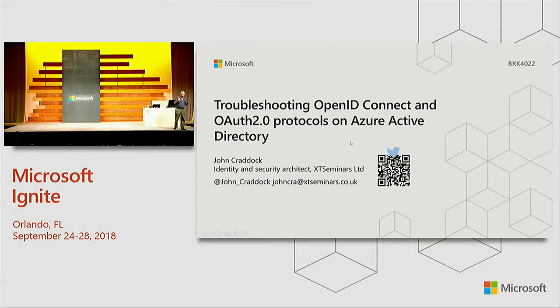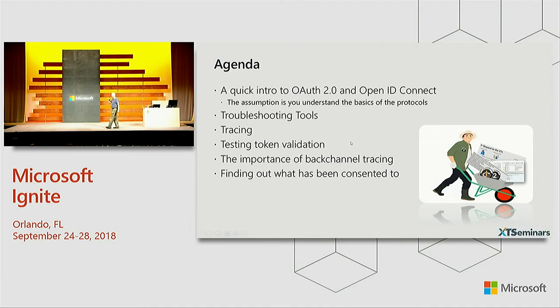So what I'm actually going to do is start off today with just doing yesterday in about 10 minutes, just to bring in the key points, because I want to set a level that we can jump from, okay? So a quick intro to OAuth2 and OpenID Connect, but it is going to be quick. And then we're going to start looking at some troubleshooting tools and maybe the best tools that we should be using.